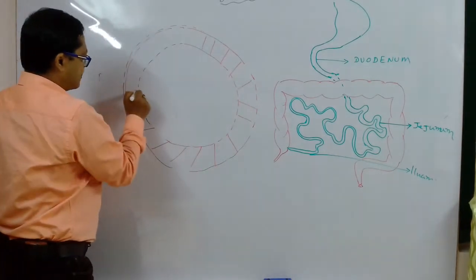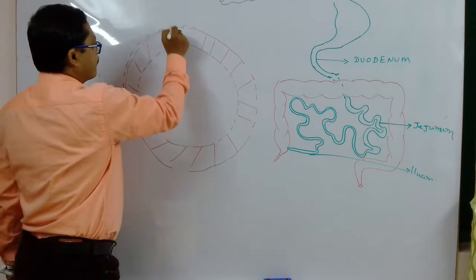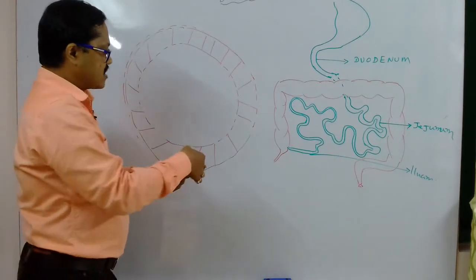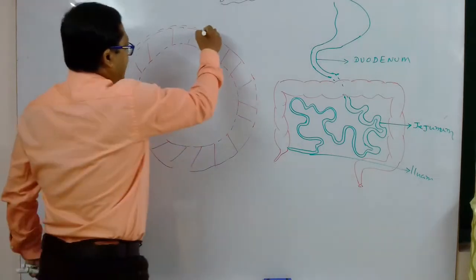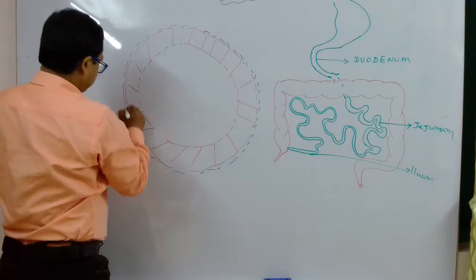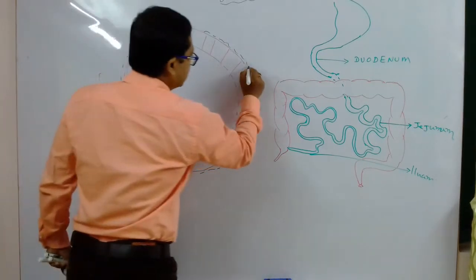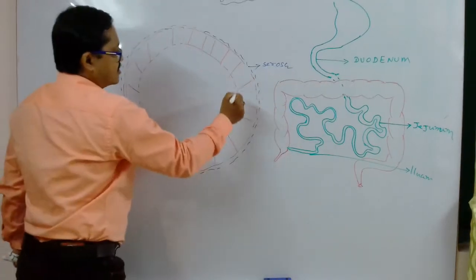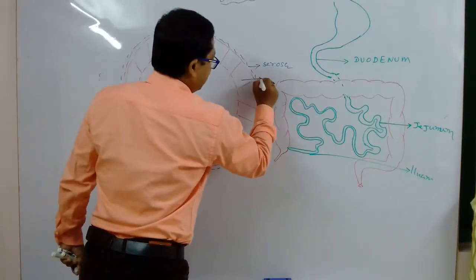Two types of muscles are present. This is called the muscularis externa. The outer fibrous structure is called serosa. The middle structure is the muscularis externa.